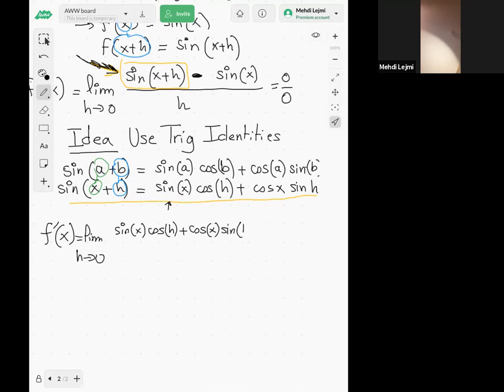All right. So again, guys, I'm using this trig identity here. Sine of x plus h is this whole thing here, right? And then we have minus sine of x, over h.